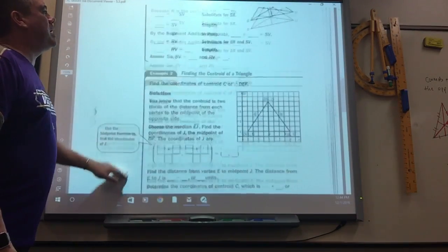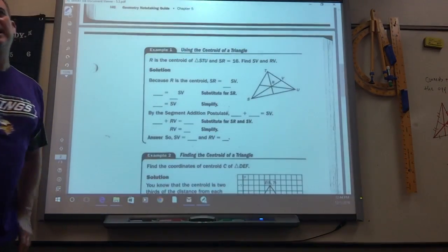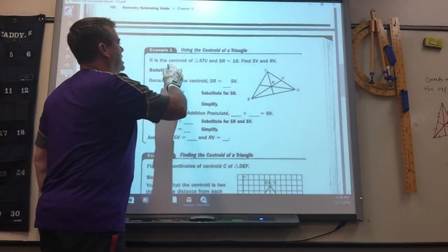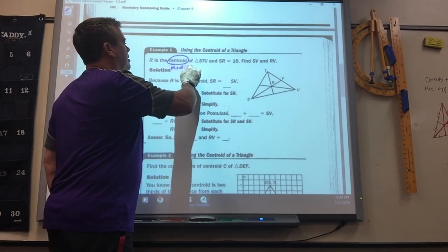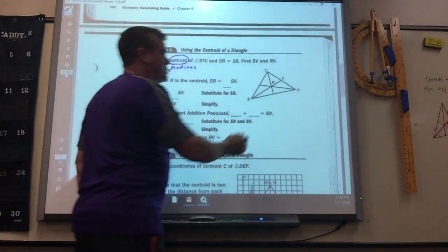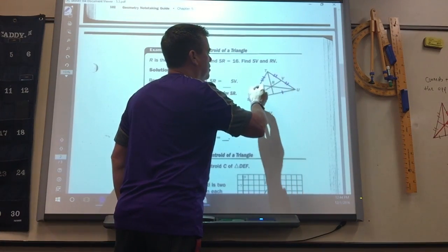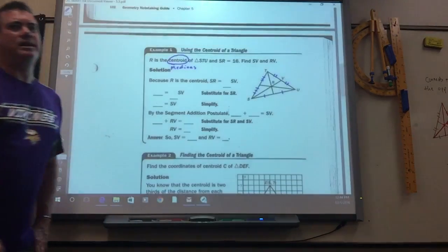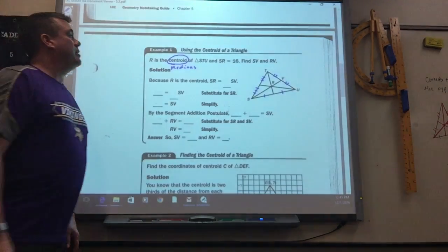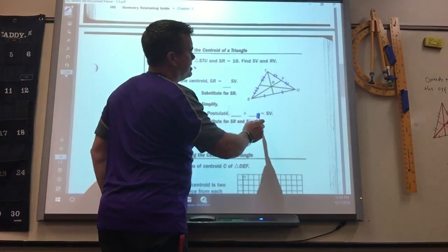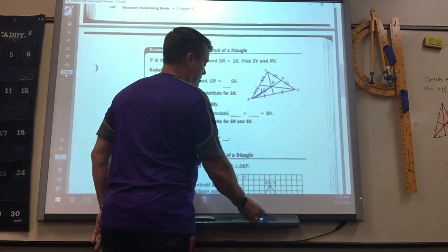Okay. So, the problems are fairly simple. This is why you need to know what the names of them are, though. R is the centroid, which means the medians are drawn. So what that means is this equals that, and this equals that. So that's why you need to know what the words mean. They tell us that SR is 16, this piece right there.